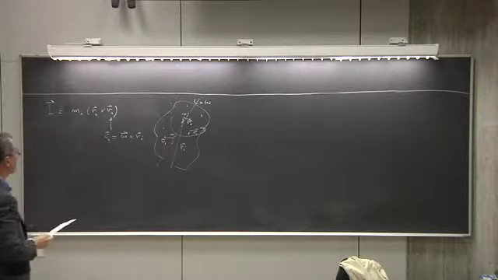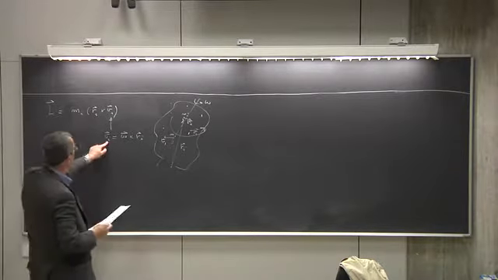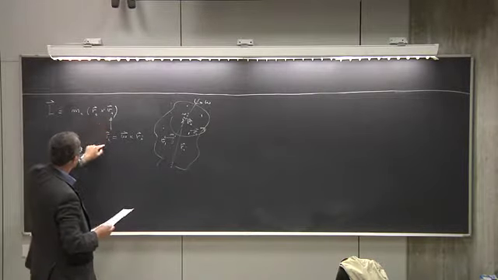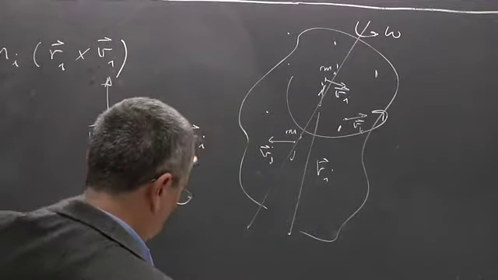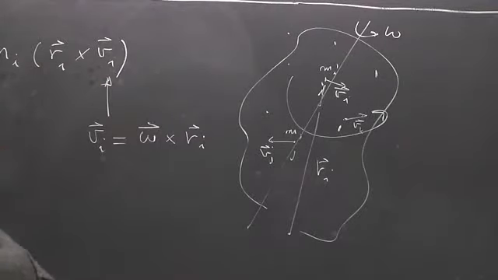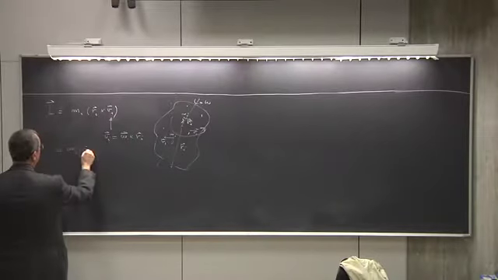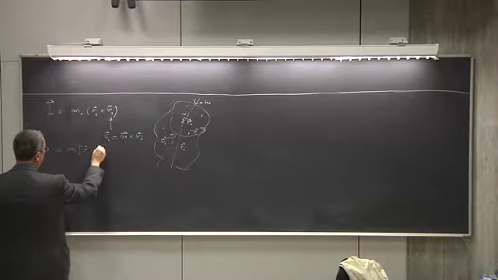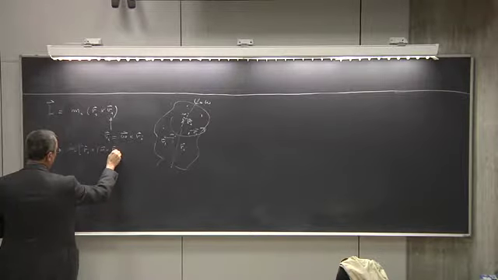This is the velocity of that. So if you implement this, that is characteristic of the rigid body, then you have here a triple cross product. You remember that, so let me rewrite this. So you have the sum over m sub i, then you have this r_i cross omega cross r_i again, right?